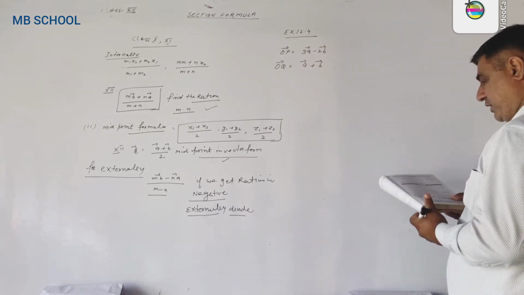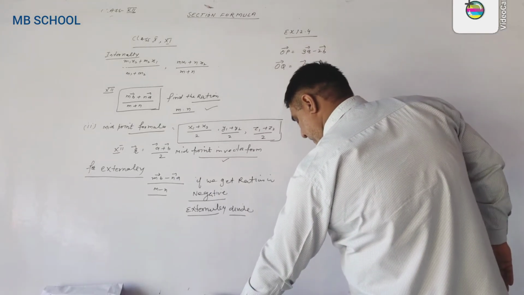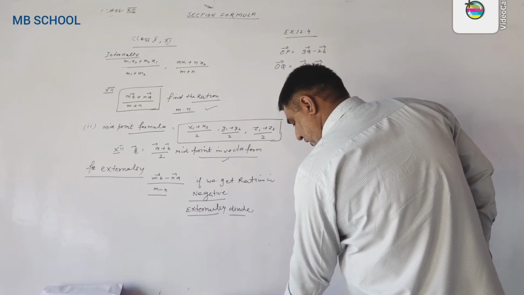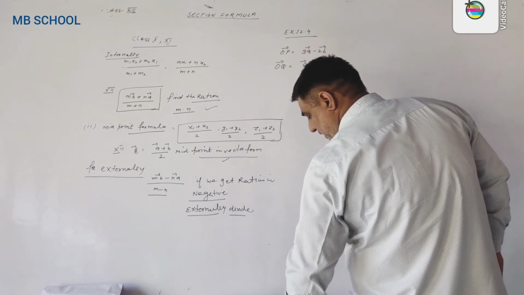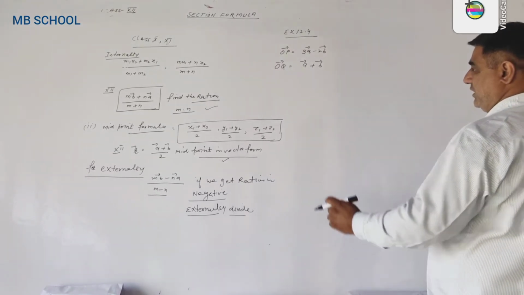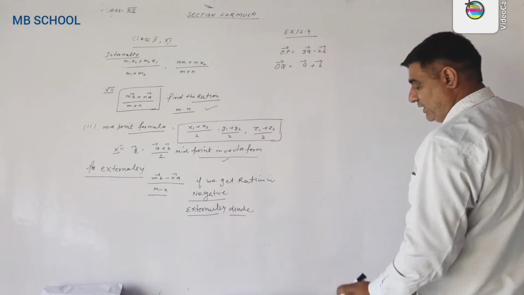Find the position vector of R which divides the line joining points P and Q in ratio 2:1 internally and externally. First of all we find the internally.